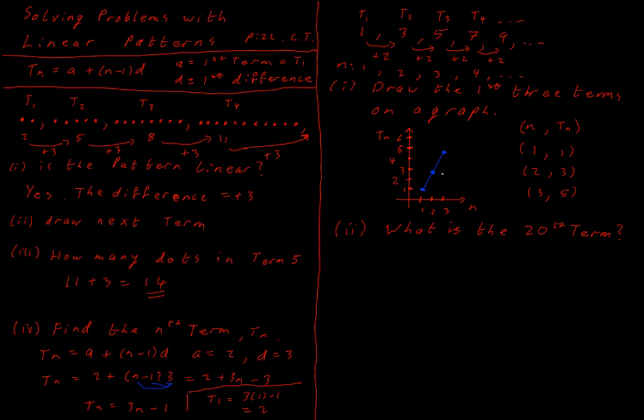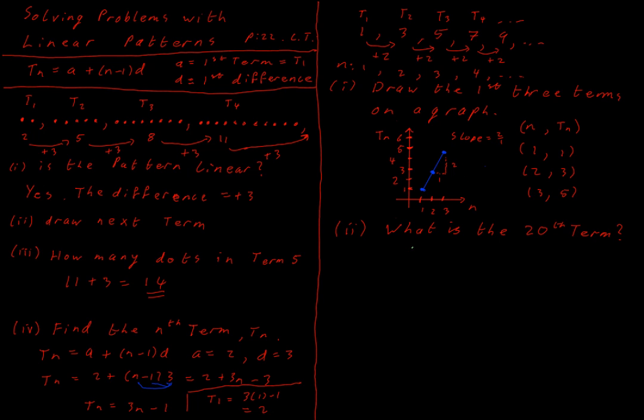And I know that the slope of this line is 2, because I'm going up by 2 each time. So if I get my slope here, I've gone across by 1 and up by 2. So my slope equals 2 over 1. Rise over run.